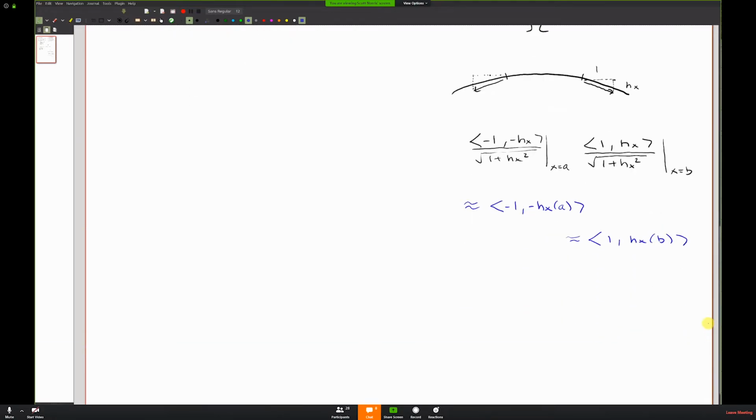If I now sum these two forces, I have a tension force on this side that's tangential to the string, and a tension force on this side that's tangential to the string, and they're about equal to these two things. If I add them together, I get 0 because the lateral components cancel: 1 and negative 1 add up to 0.